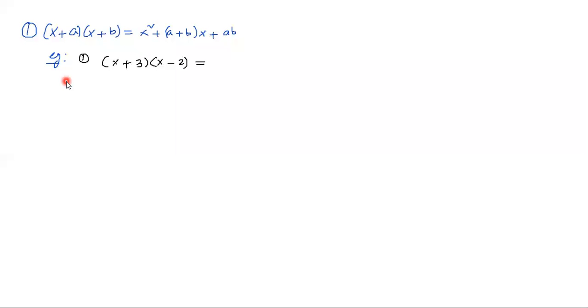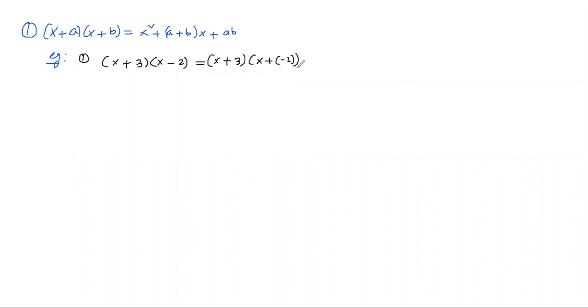Here one is plus but here it is minus, no problem. We will adjust this minus. This is the value of a, this is the value of b. So first we put them in the given format and then apply the result. So x plus 3 and this we write as x plus minus 2.